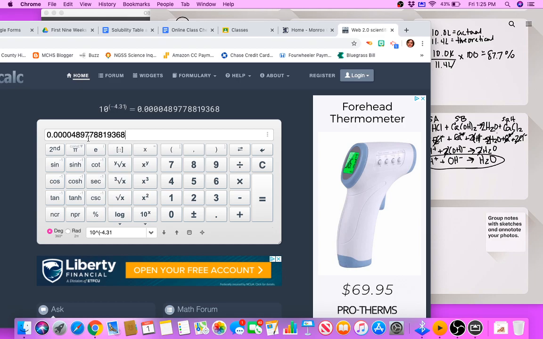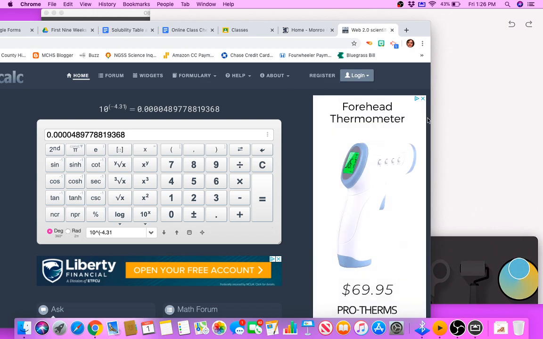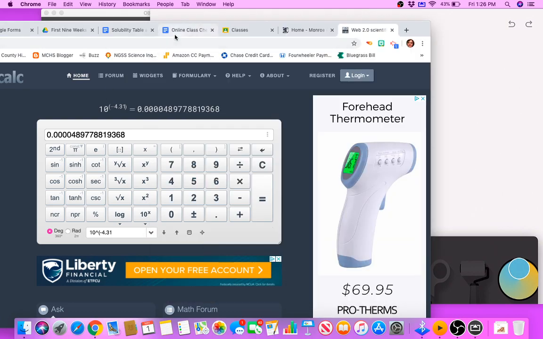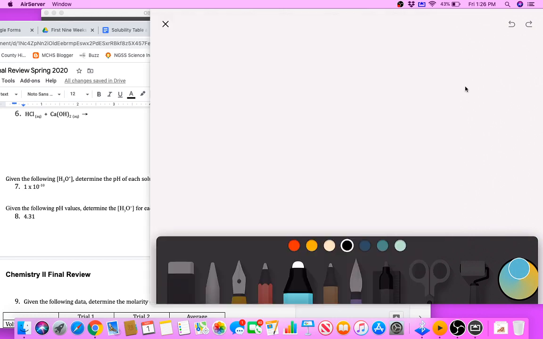If we want to write it in scientific notation, it is going to be 4. Okay, this 7 makes this 9 a 10, so this goes up to 4.90. And what number are we doing here, by the way? We are doing number 8. So number 8, we're going to get 4.90 times.